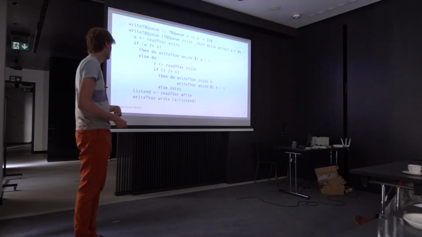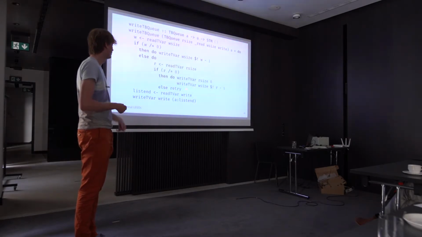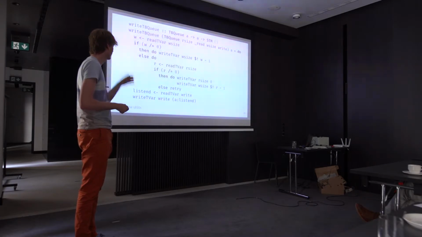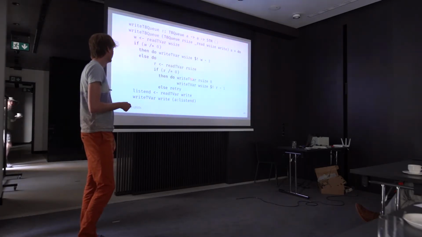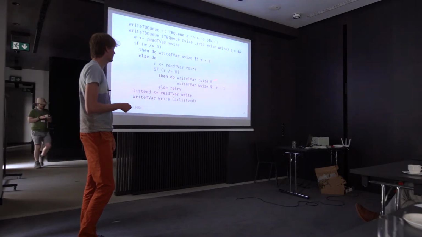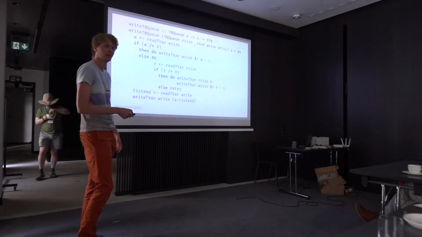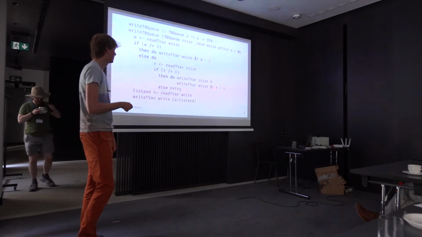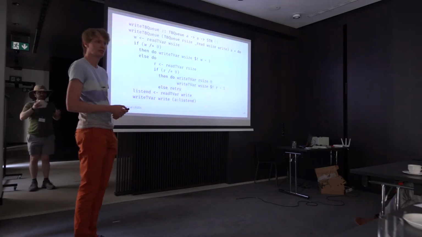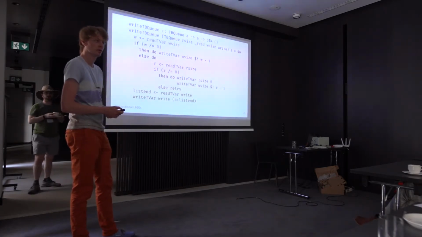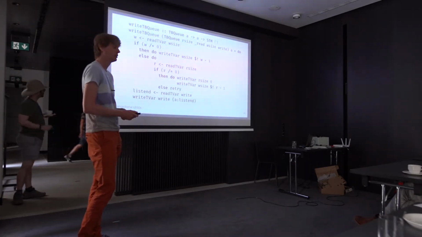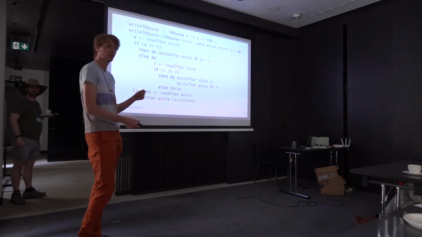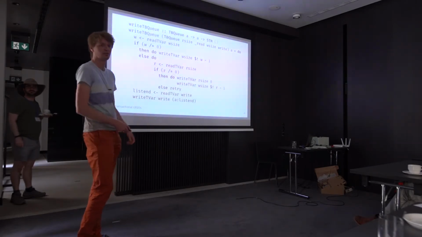If it's unequal to 0, we can set our size to 0 back again, and say we have enough write capacity again. The items will have disappeared from our read end of the queue, so we can swap around with these capacities. And again, we have a strictness annotation here.